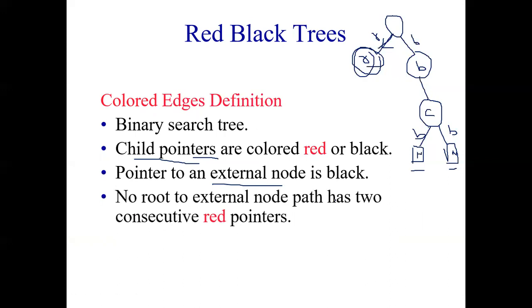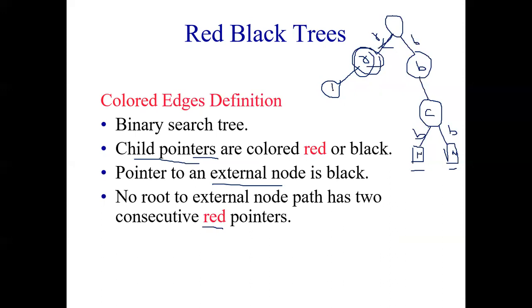No route to external path has two consecutive red pointers. Okay. So this is same as the previous condition. Like how we discussed that from root to external node, there should not be two consecutive red nodes, similarly, there should not be two consecutive red edges. If this is a red edge, then the next edge should not be red. Because there cannot be two red nodes consecutively, obviously you should not have two red edges also.